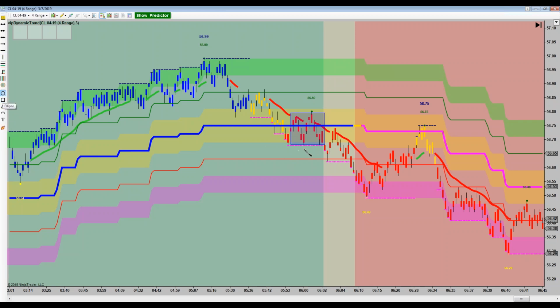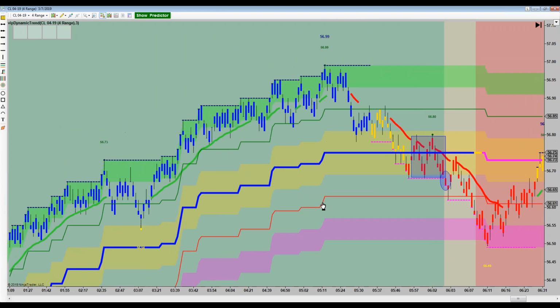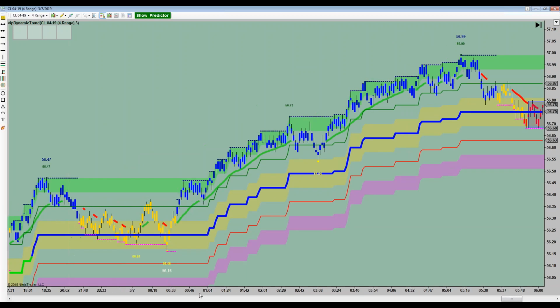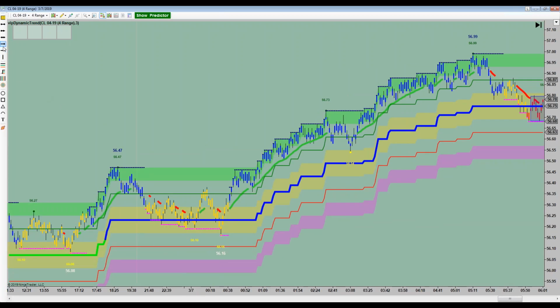That could have been an early short right at the pit open, depending on how you looked at this. At the time that this occurred, you have to admit that the way the market looked was that overnight in the European and Asian sessions, you were clearly in a very powerful uptrend. So it's quite possible, reconstructing this, that if you'd drawn this box, you might have been anticipating a long trade.